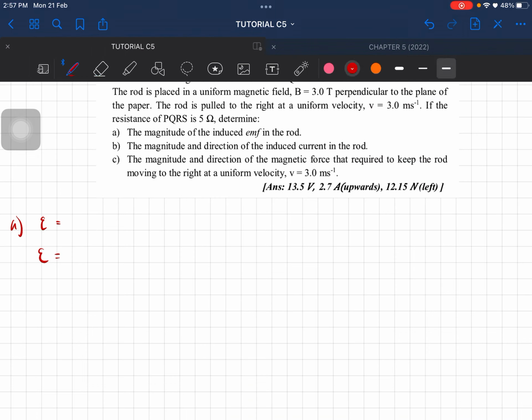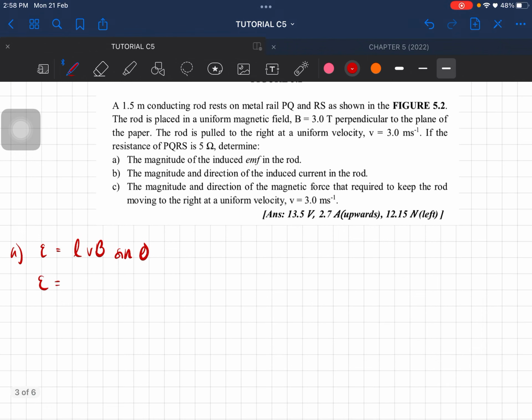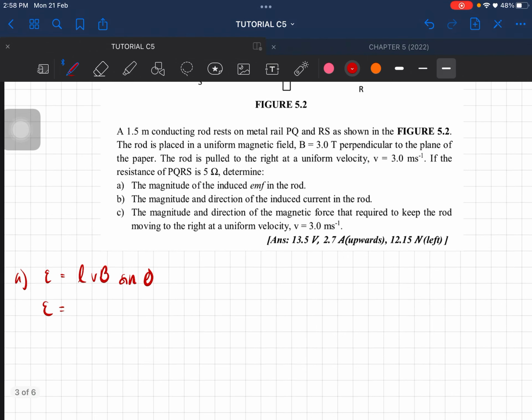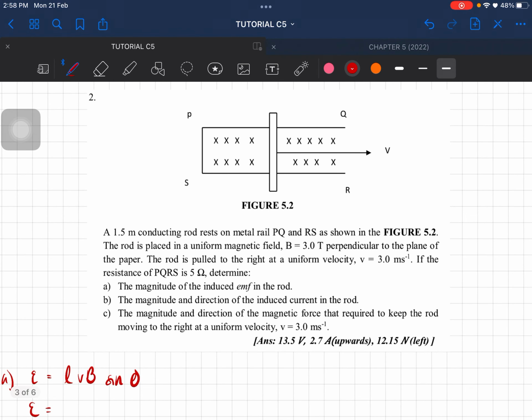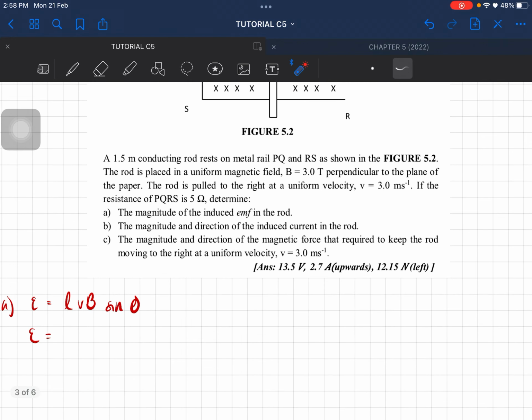The angle is between the velocity and the magnetic flux density. From there, I can know which angle we need to look for. We know the angle between the velocity and the magnetic flux is 90 degrees because they are perpendicular to each other.